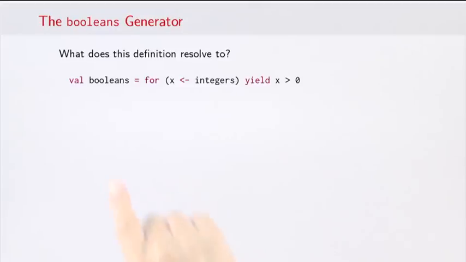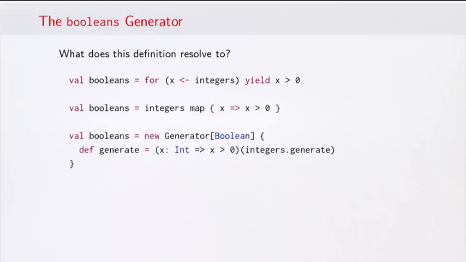generators again. So booleans, here's the syntax we wished for. What does that expand to? Well, the compiler would expand it to a map. And if we look at the map operation on generator, then that's what it comes down to. It would say, well, the function f, that's this closure here, and you see it here, gets applied to the generate method from the random number generator on the left-hand side of the map, the receiver of the map.